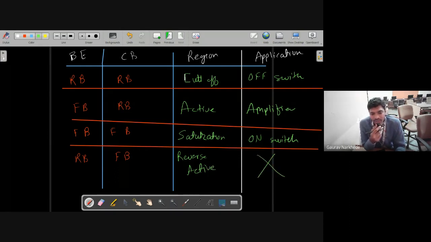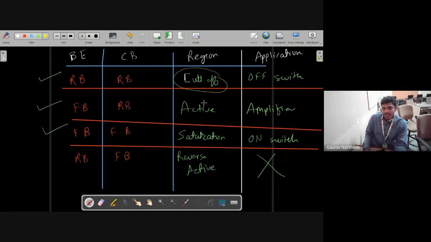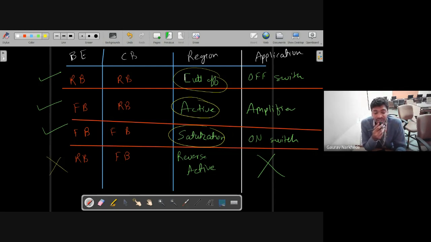So that's why we use the transistor only in three configurations, only in three regions. कौन से तीन region है? Cut off region, active region, saturation region. This is the configuration where the transistor is not at all used. इसीलिए we are using only these three regions of operation of a transistor. समझ में आया?